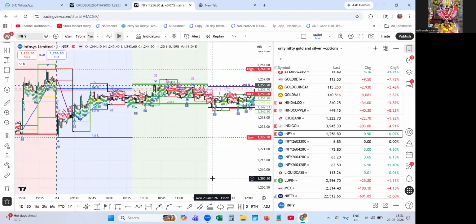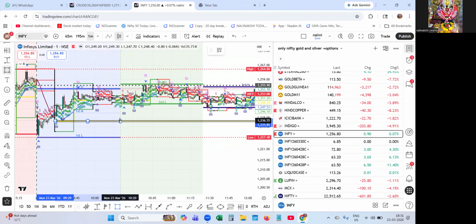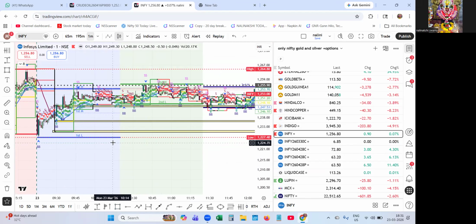This is the first box formed over here. You mark the pivot, you mark the support, mark the resistance.